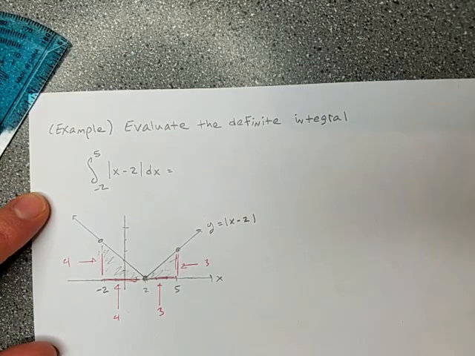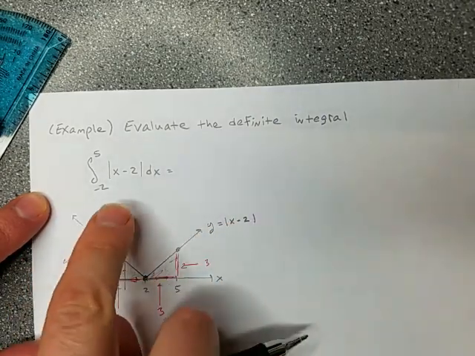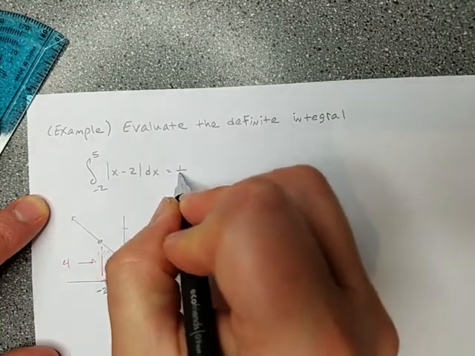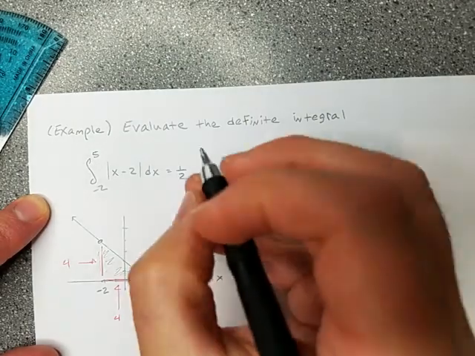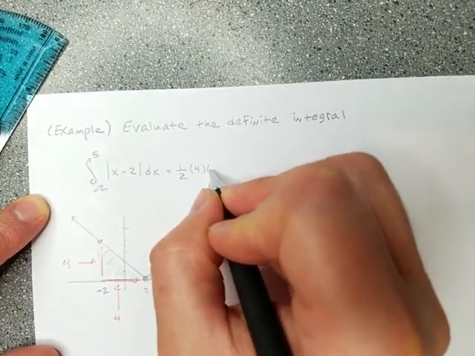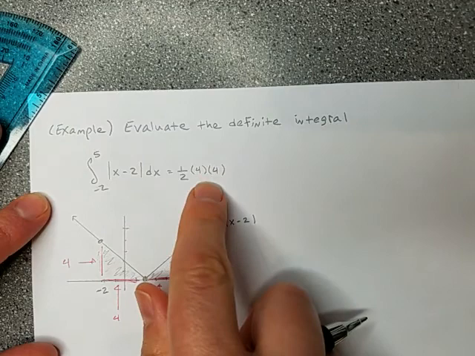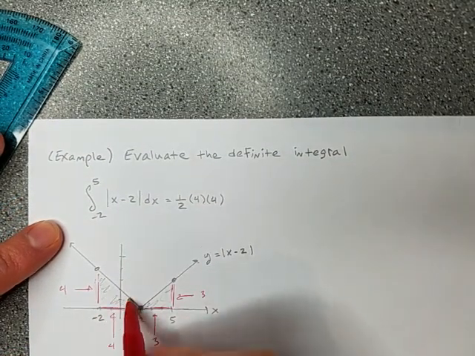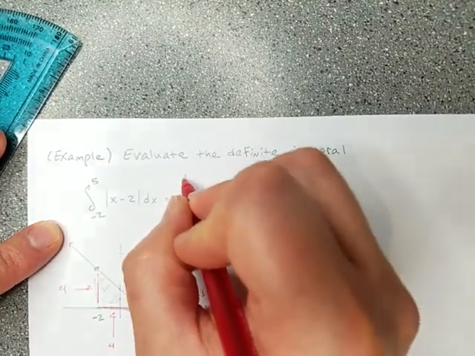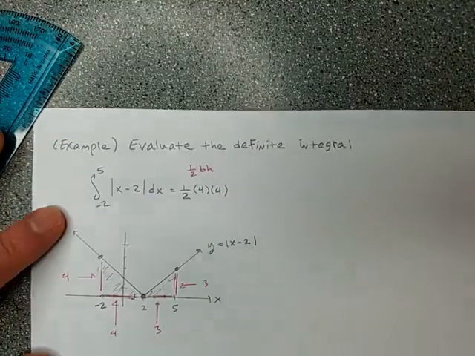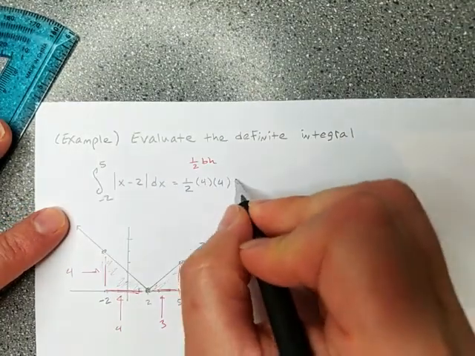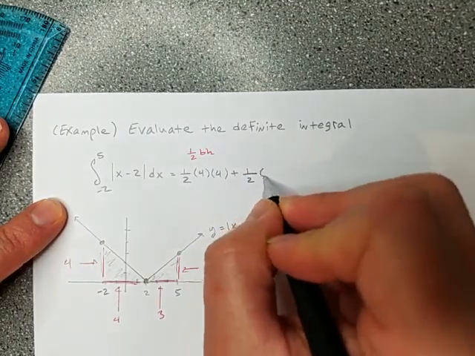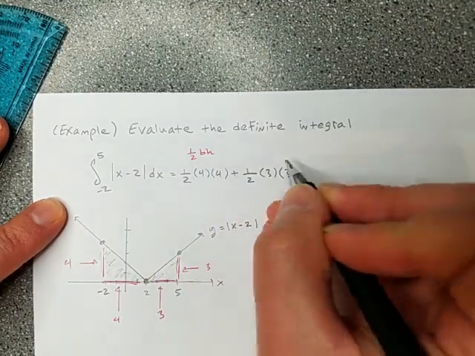So here goes. The grand total area contained by that curve and the x-axis from -2 to 5 is, for this first triangle, well, the area of a triangle is 1/2 base times height. That is how you find the area of a triangle, since this graph does in fact make a triangle right there. And then this other one, to take care of the rest of it, is 3 by 3, so 1/2 times 3 times 3, again 1/2 base times height.